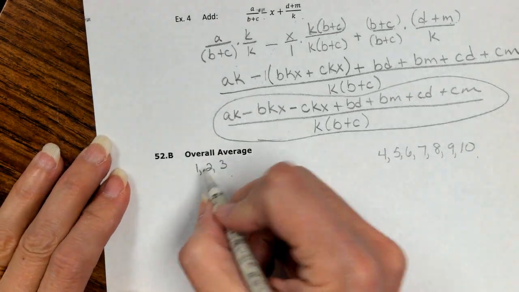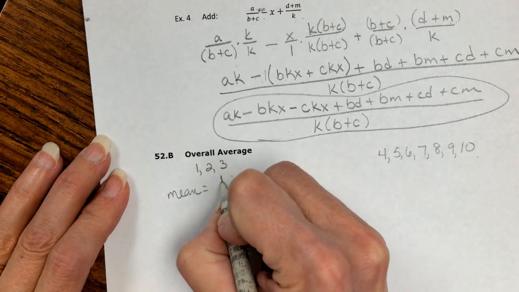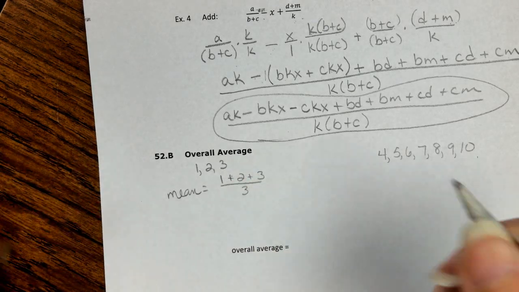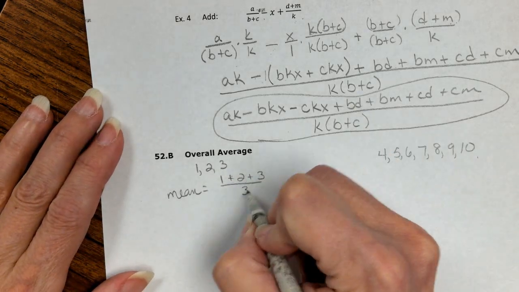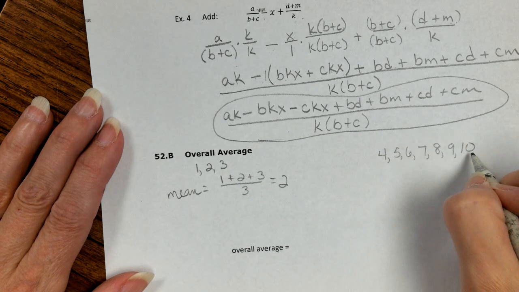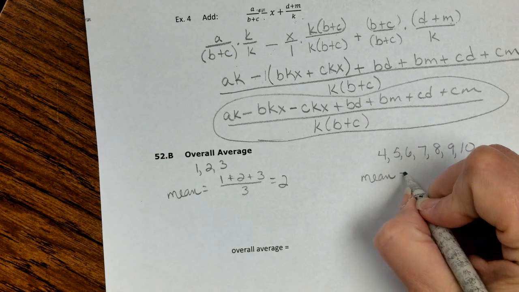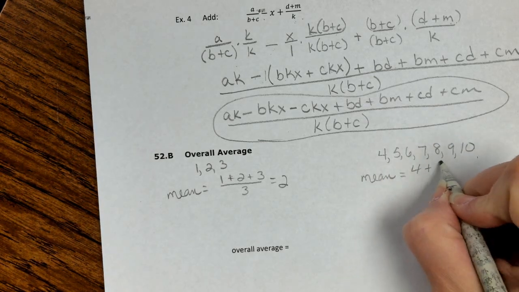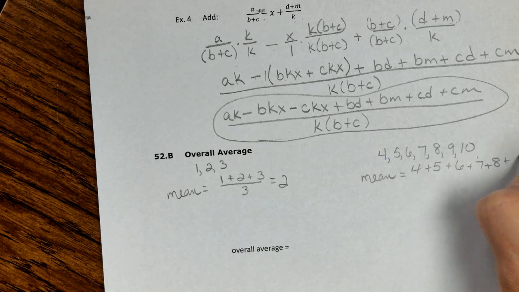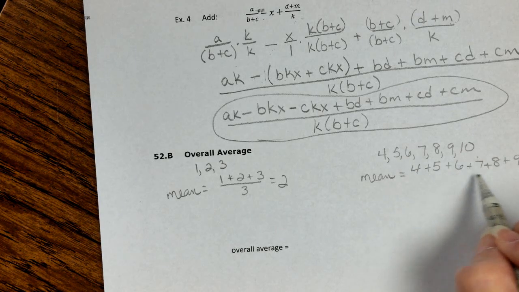Okay? So, the mean is 1 plus 2 plus 3 all over 3, because there are 3 of them. And that is 6 divided by 3, so that's 2. For the mean of the second set of numbers, we add up all of them: 4, 5, 6, 7, 8, 9, 10.